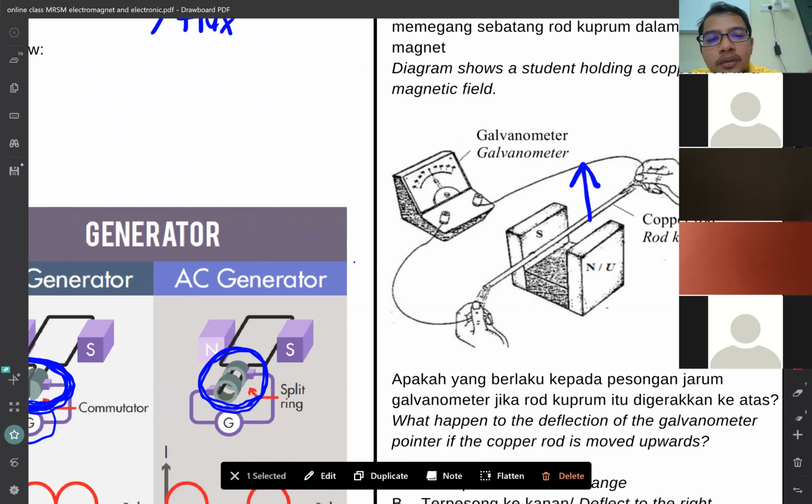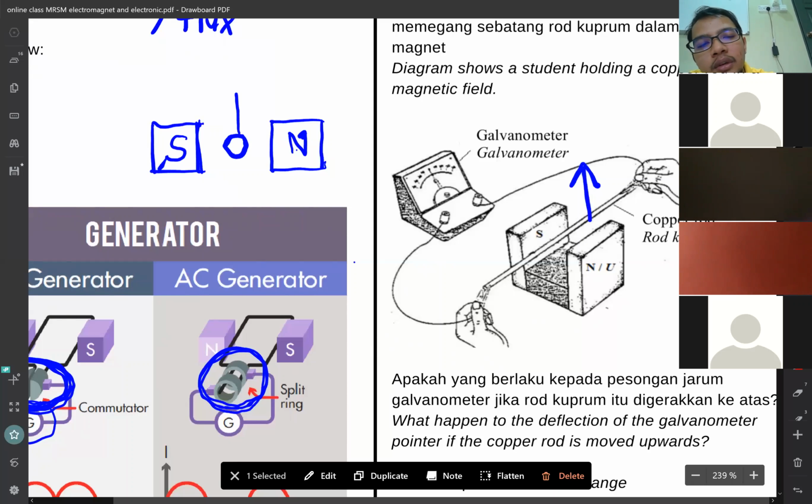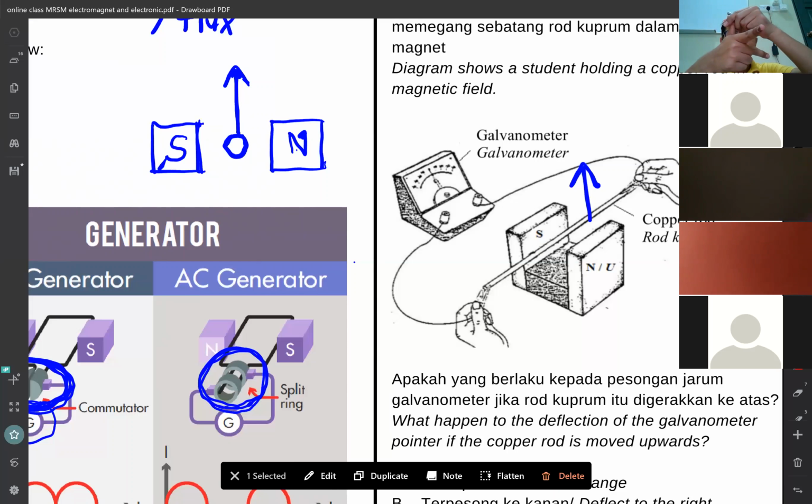All right, so this is for Fleming's right hand rule. This is north, this is south. We don't know whether it is a dot or a cross, but we know the rod moves up. Using Fleming's right hand rule, it's basically the same as Fleming's left, with the field north to south and the current flow.